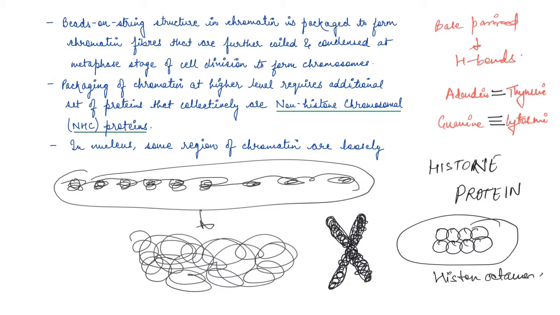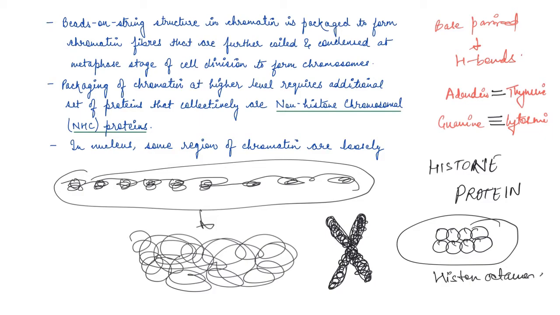So these nucleosomes form chromatin, which forms chromatin fibers, and those are further coiled and condensed to form chromosomes. Now, packaging of chromatin at higher level requires additional set of proteins which are known as non-histone chromosomal proteins, NHCs, right? So, further coiling needs additional set of proteins which are non-histone chromosomal proteins.